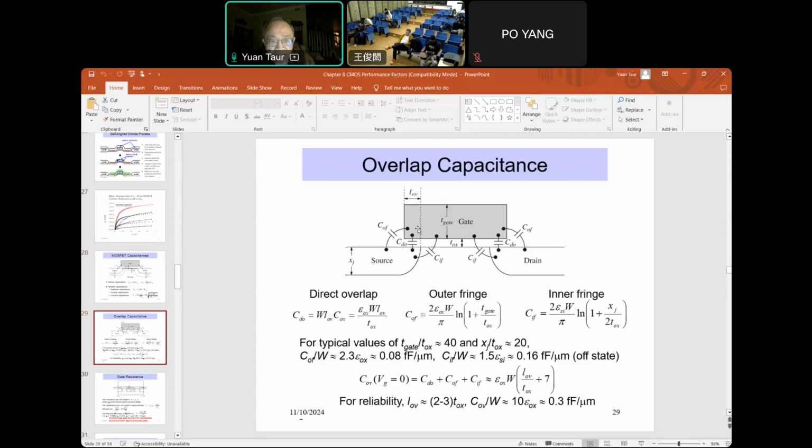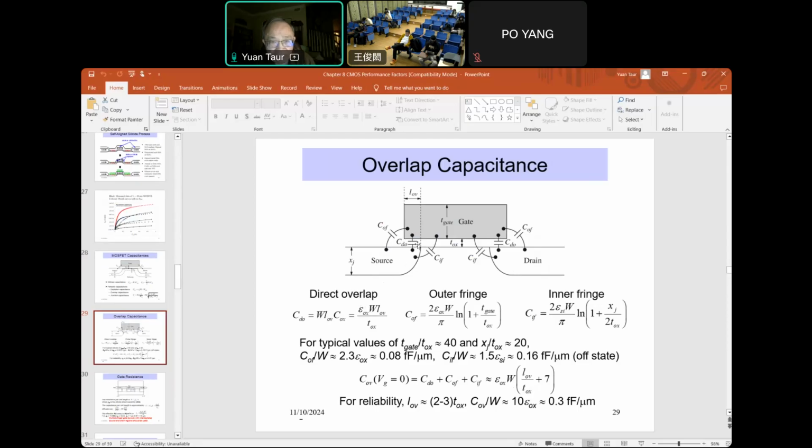Overlap capacitance itself has different components, 3 components. First one is direct overlap. It's directly under the gate. This we minimize with the self-aligned gate process. That's why the self-aligned gate is so important, because otherwise, to make sure that you have no underlap, at some part of the wafer you can have too much overlap, and that will increase the direct overlap capacitance.